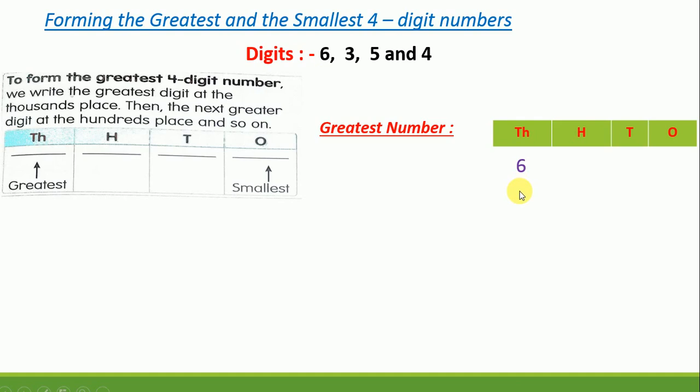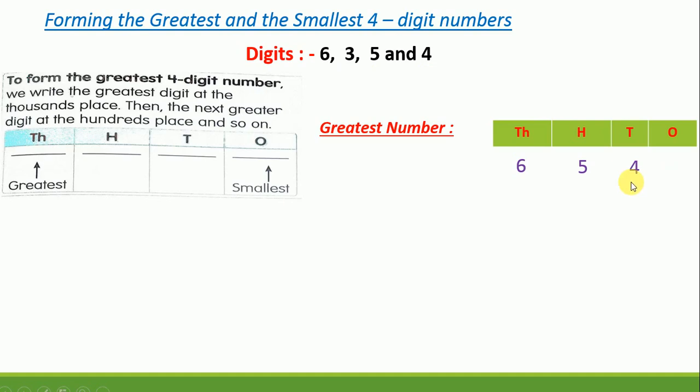So remaining we have 3, 5, 4. Among these 3 numbers, which is the next bigger number? Yes, that is 5. That we need to place in the hundreds place. So remaining we have 2 digits. One is 3, the other one is 4. Which is the greater number, 3 or 4?